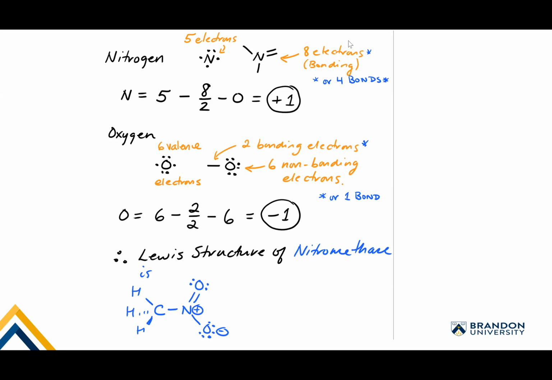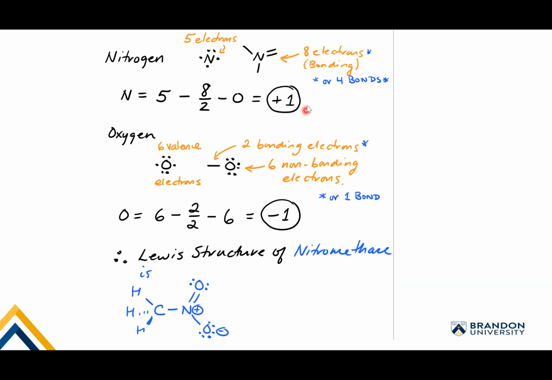Let me bring back my laser pointer here. Oxygen typically has 6 valence electrons, but in this case, it has 2 bonding electrons, or 1 bond, and 6 non-bonding electrons. So oxygen's formal charge is 6 minus 1, 1 bond, minus 6, which is now minus 1.